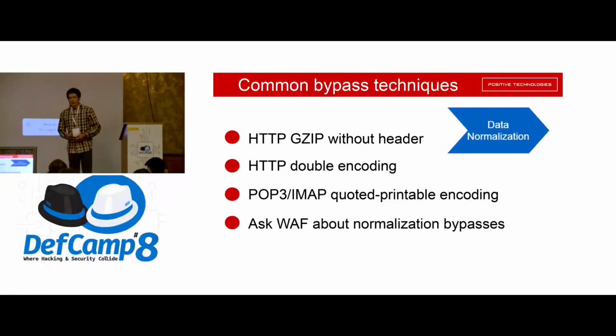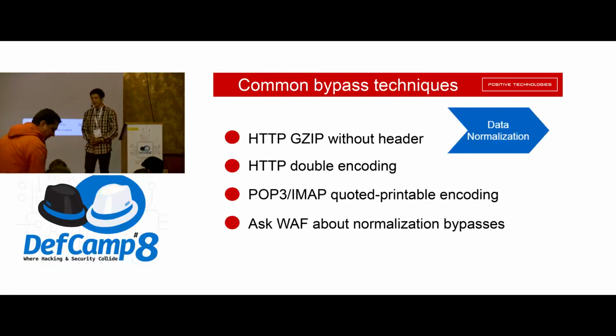Next, many normalization tricks can be applied to both WAF and IDS systems. There are such things as double HTTP encoding, double headers, double bodies, and so on.